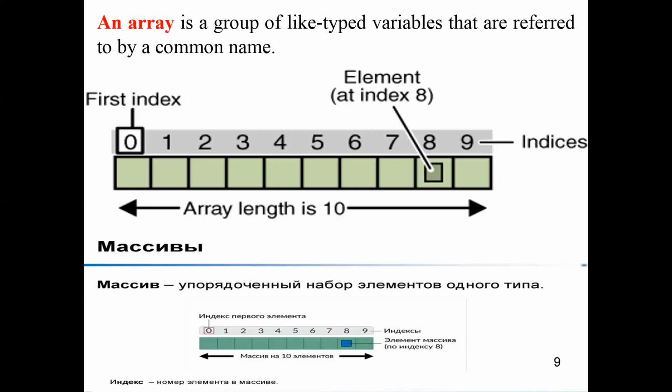Then 4, 5, 6, 7, 8, and 9. And the element, for example, at index 8, you can see in this picture. Okay.